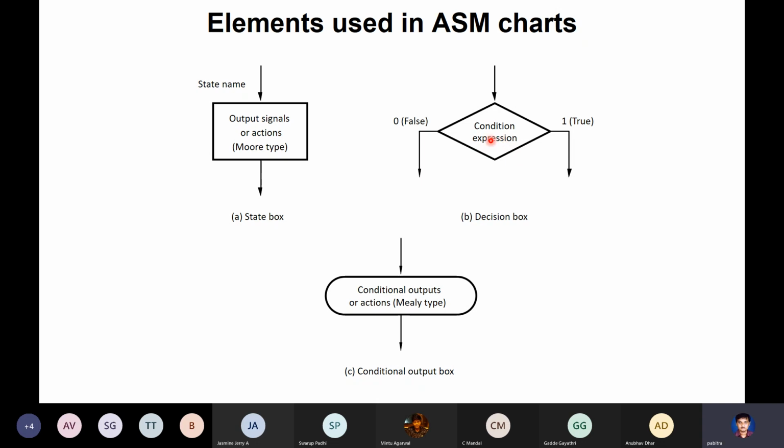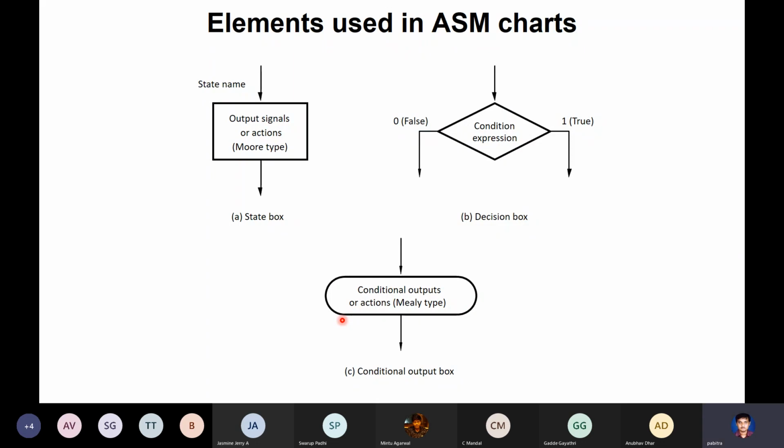Just like in a C program, the convention is you just write the variable. You just write the register or the bit that you want to check here, meaning that if the bit is 1, then something happens, otherwise something else happens. Then you have a conditional output box, which is a Mealy type output, denoted by this kind of symbol, a rounded rectangle.